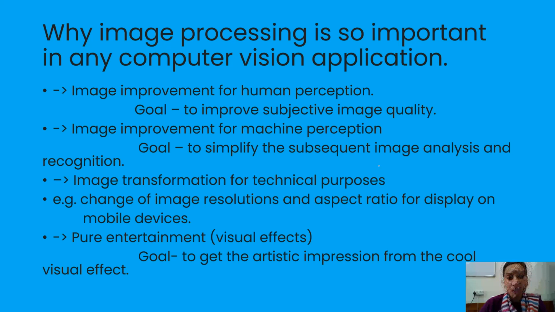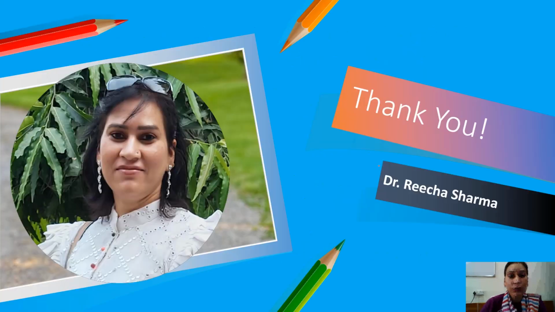Then image transformation for technical purposes, for example, change of image resolution and aspect ratio for display on mobile devices. Pure entertainment, meaning visual effects, where the goal is to get an artistic impression from a cool visual effect. So these are the reasons why we use image processing in computer vision applications.